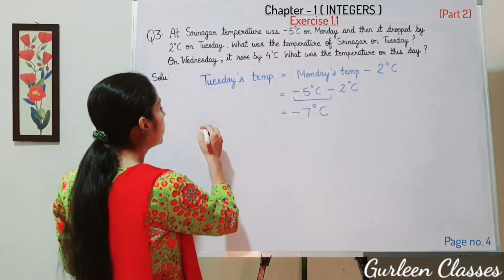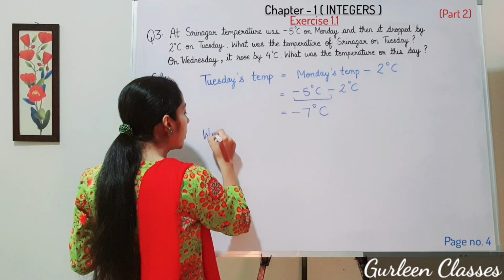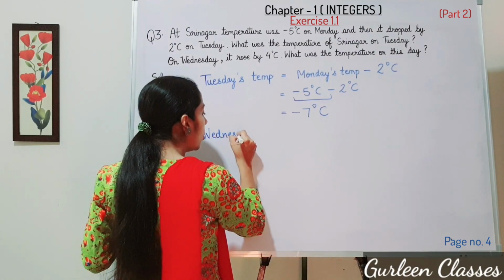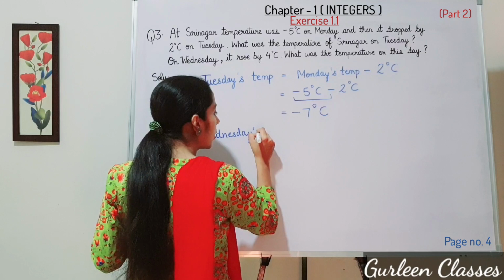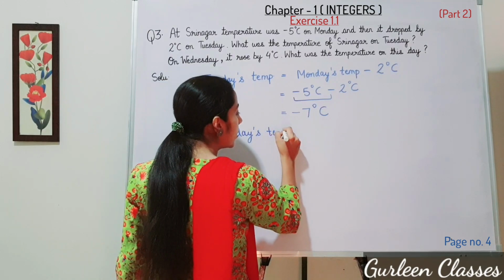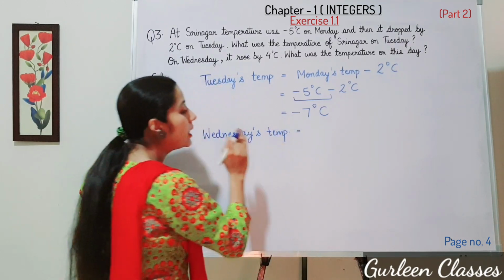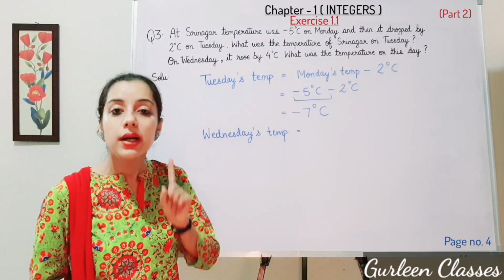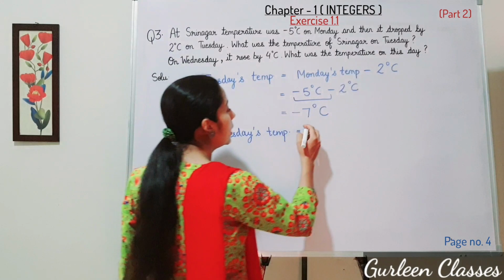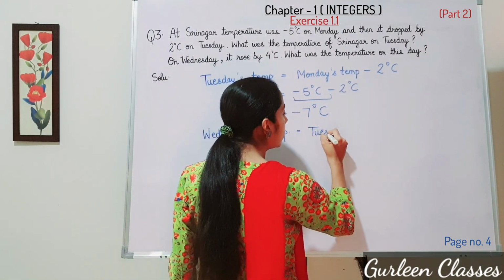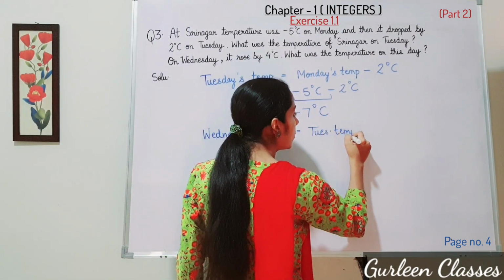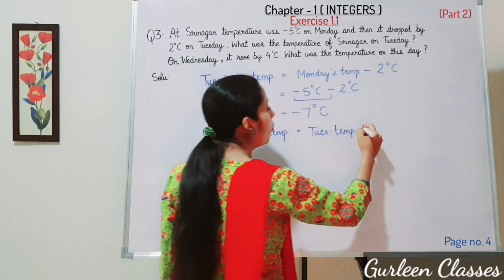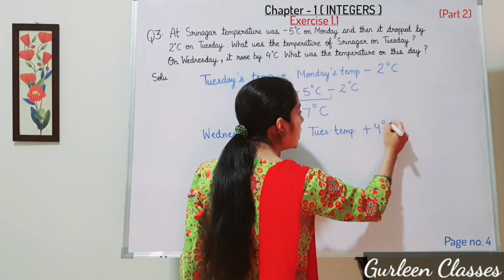So right here, Wednesday's temperature. So this Wednesday temperature will be based on Tuesday temperature, not Monday temperature. So right here, Tuesday temperature बढ़ गया by 4 degrees Celsius.